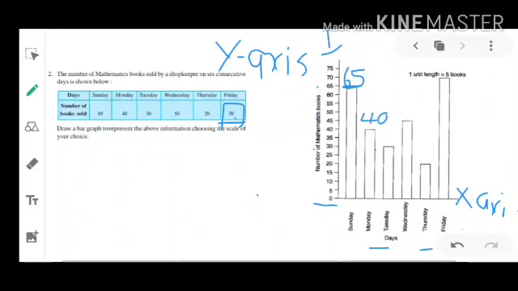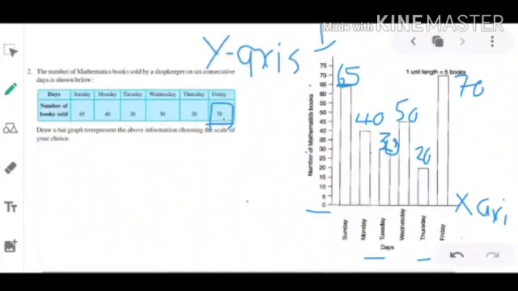On Tuesday, 30. On Wednesday, 50. And on Thursday, 20, and at last on Friday it sold 70 books.